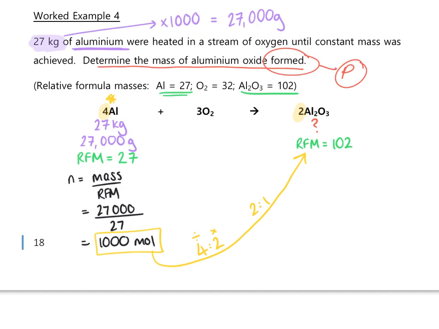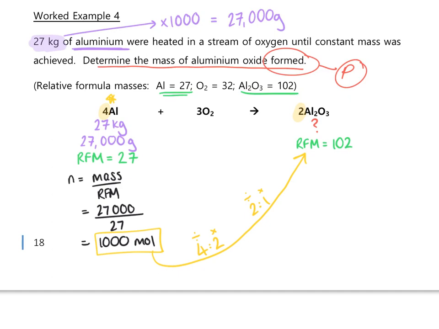So it's a bit like when we were doing our swap and drop with valencies. Can we simplify the ratio down? Is there a number I can divide both of those by? So 4 to 2 is the same thing as saying 2 to 1, but it's going to work the same way both times. Essentially what I'm doing is I'm dividing by the number in front of what I've come from and multiplying by the number of where I'm going to.